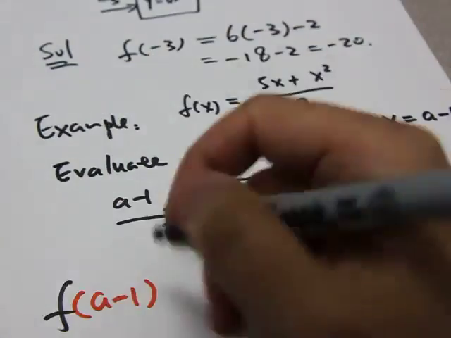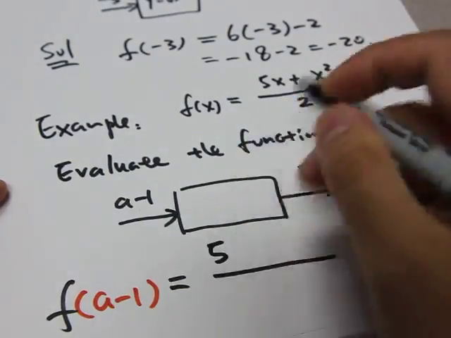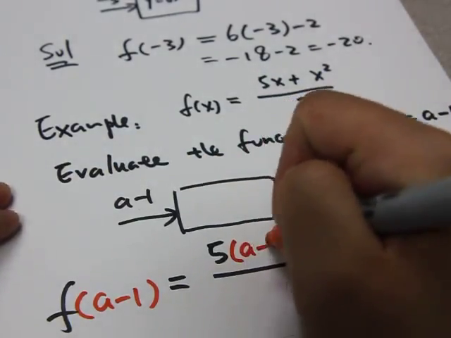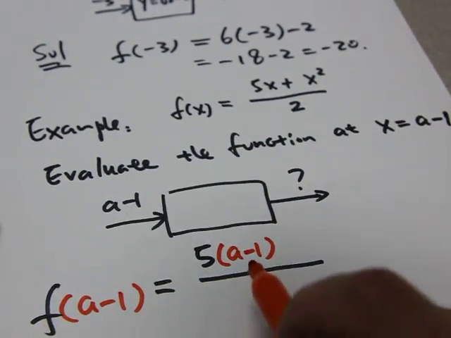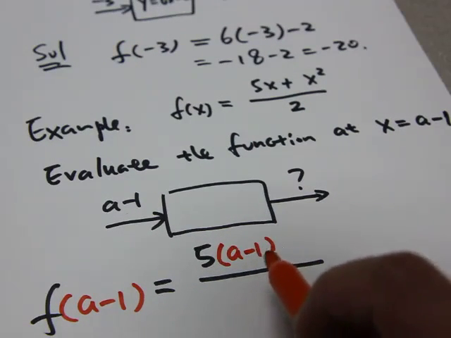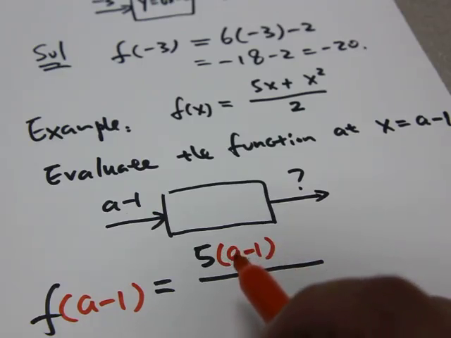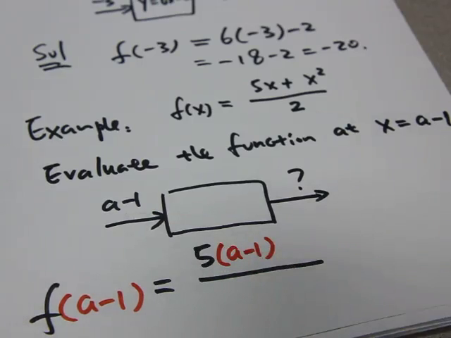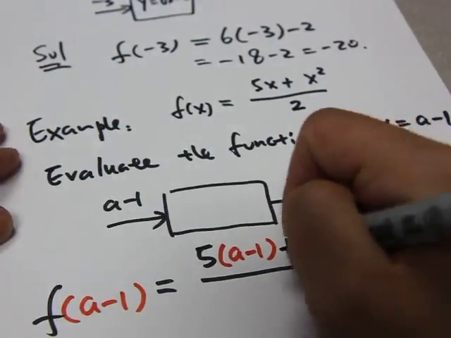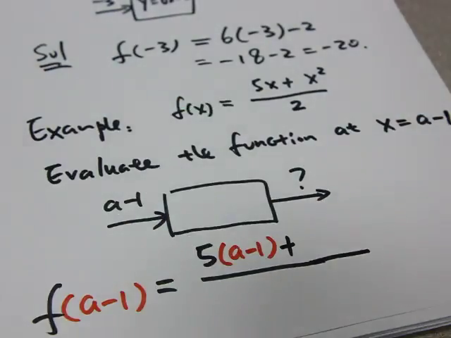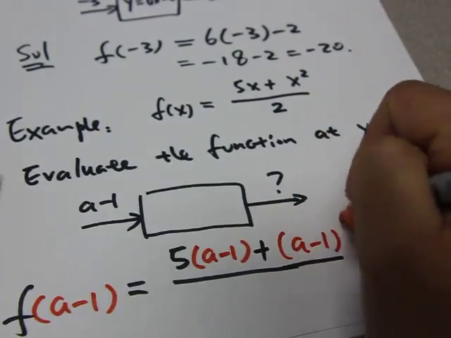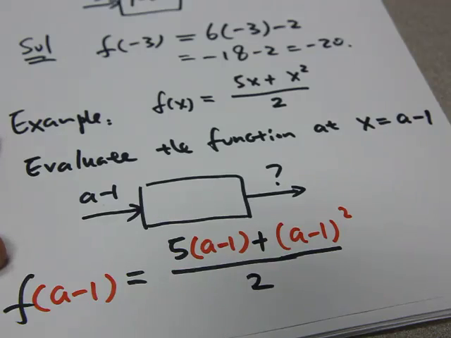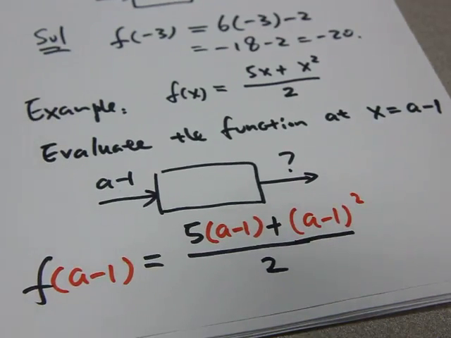And then it equals 5 times x, so we write this as 5 times (a minus 1). Now remember, you want to add this parenthesis, because otherwise you will have 5a minus 1. That's incorrect, right? And plus x squared, so we plus (a minus 1) squared, and over 2. Now the 2 we don't do any change, because the 2 doesn't contain x.